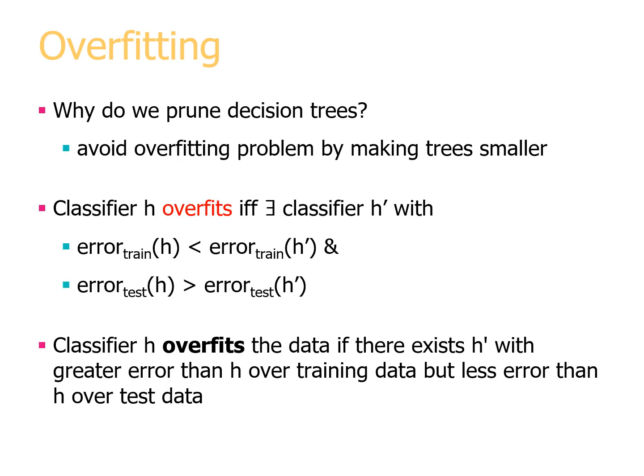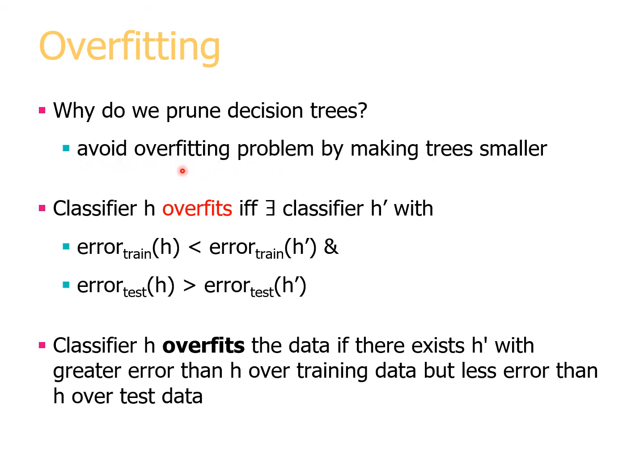So this chapter is about decision tree pruning. Why do we prune decision trees in the first place? If you prune decision trees, you cut branches and you make trees smaller. By making decision trees smaller, you can avoid the overfitting problem.